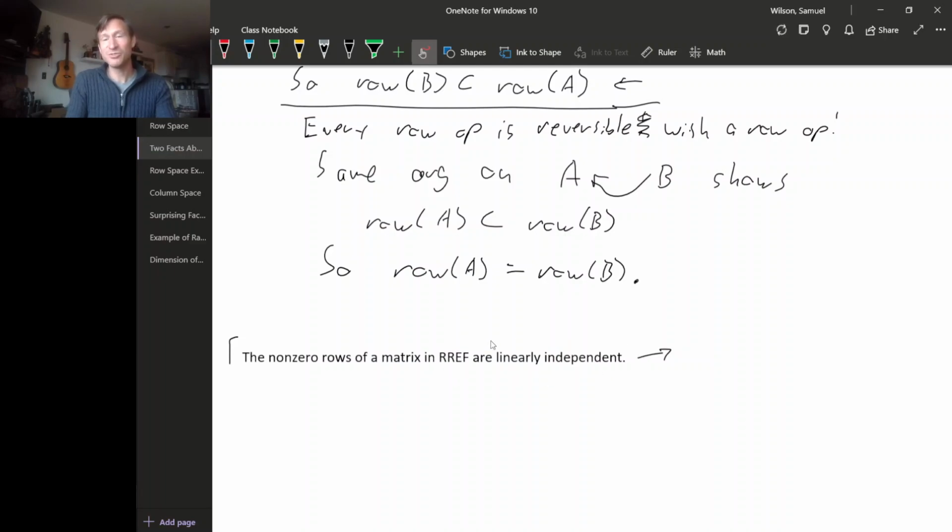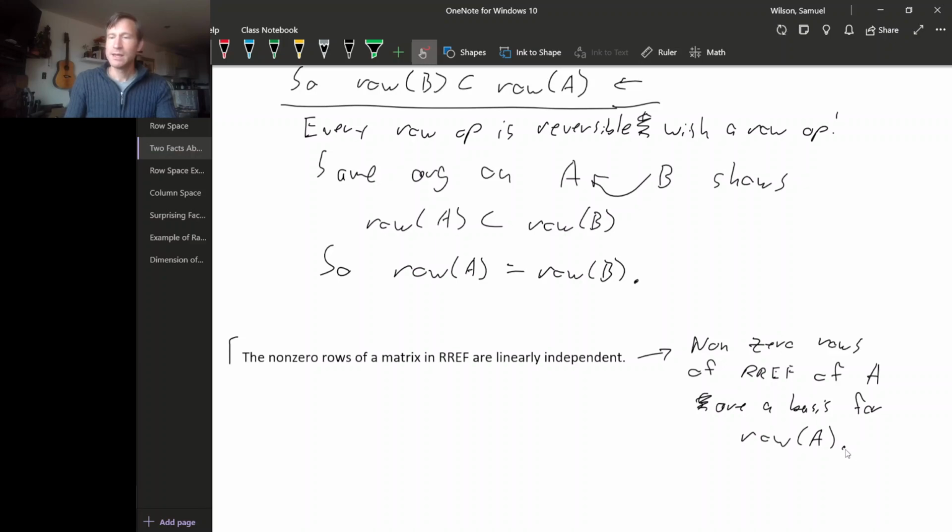But if we also know that the non-zero ones are linearly independent, that will mean that the non-zero rows of the reduced row echelon form of A span, or are a basis for the row space of A.